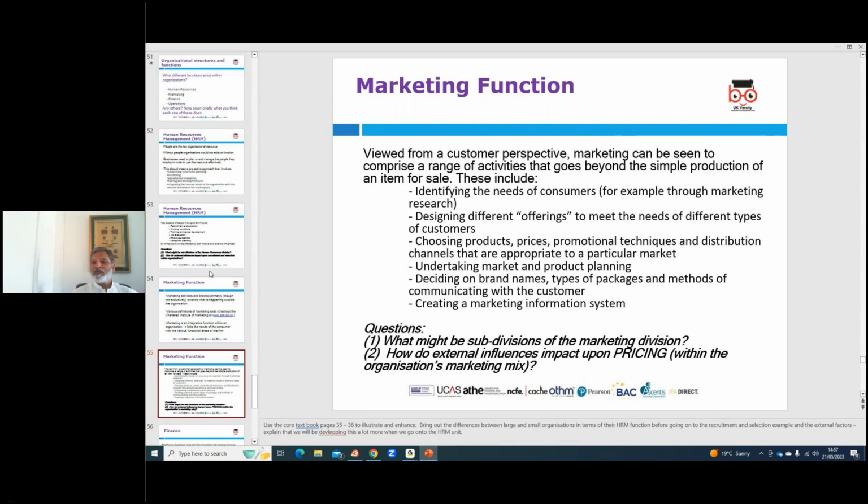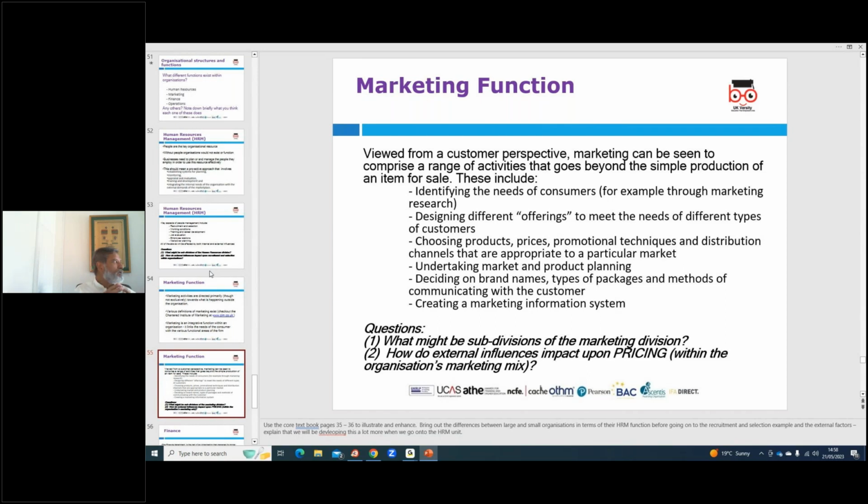You need to define certain needs of the people in terms of products, prices, promotion, markets, segments, brands, the image of the organization, marketing that image, and communicating this image.